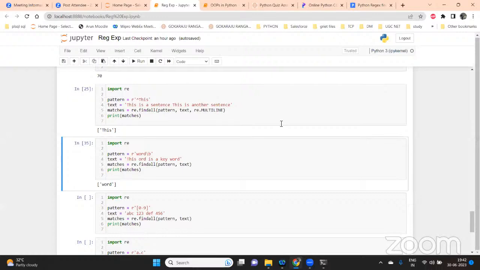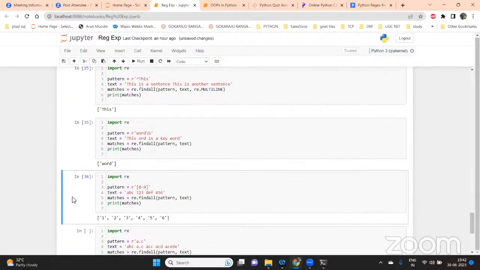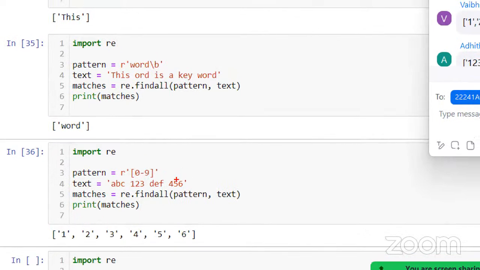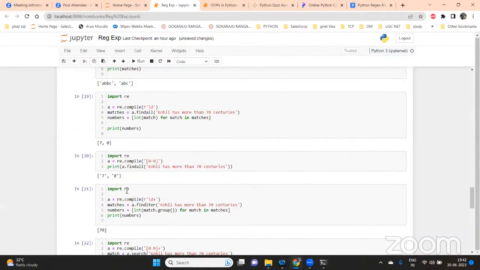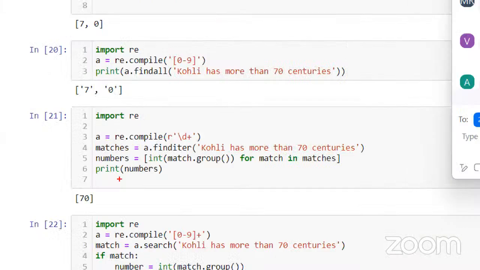Few are telling 1, 2, 3, few are telling 4, 5, 6. Let me verify that. We are exactly matching with the given text. We are looking for 0 to 9 in the given text. Anytime that pattern is found between 0 and 9, any character, it will return that as a separate list value. If you want to combine again, you can use the finditer function or search function.